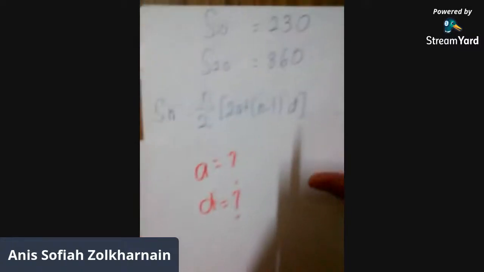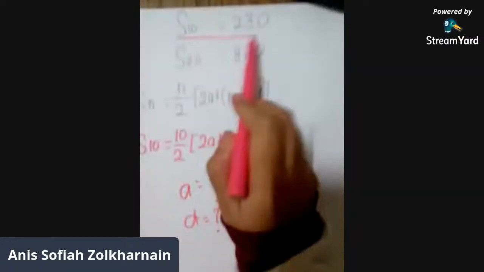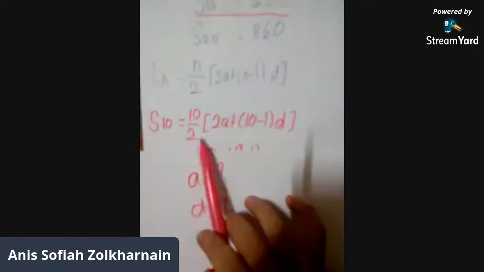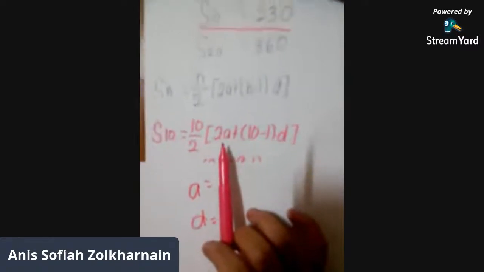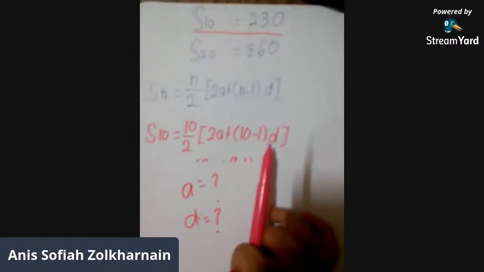So what we are going to do is, like before, we will substitute the value of n from each of these pieces of information into this formula. We will substitute the value of n from this first. So we get S10 equals 10 over 2 in bracket 2a, because we don't have the value of the first term, plus 10 minus 1 d, the common difference.